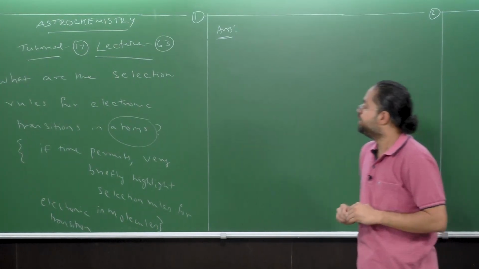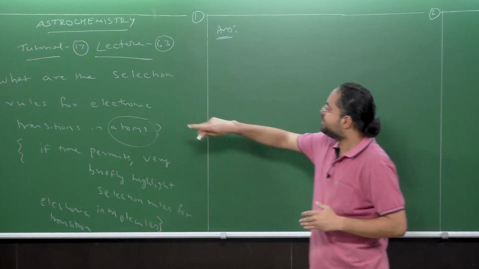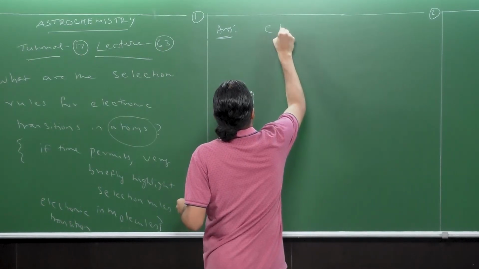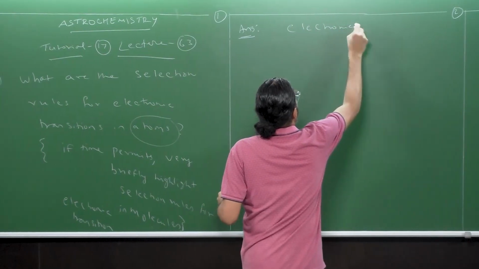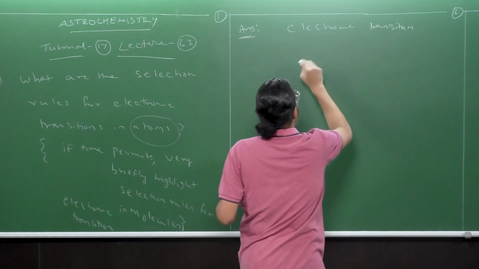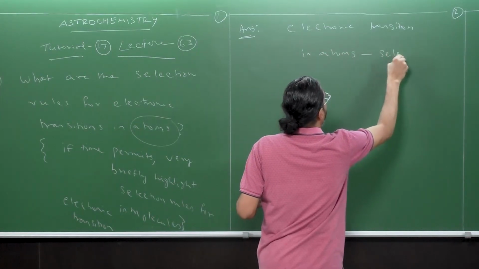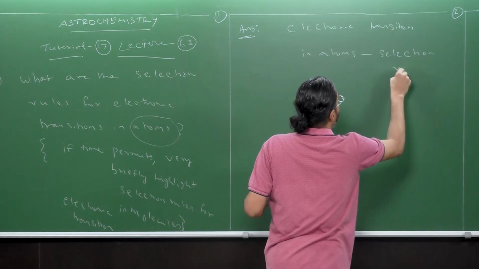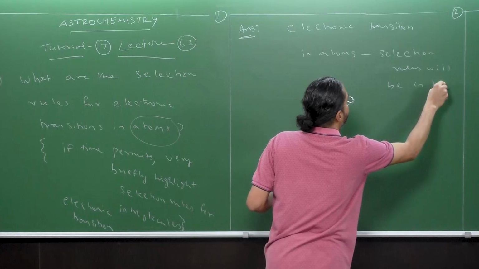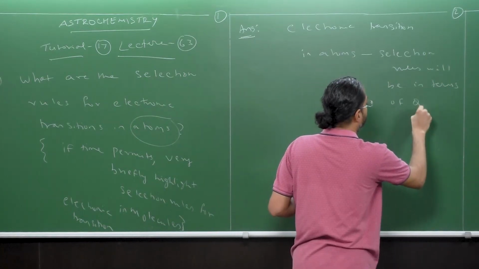The point I'm trying to convey is that, to understand selection rules for electronic transitions in atoms, the selection rules will be in terms of quantum numbers.